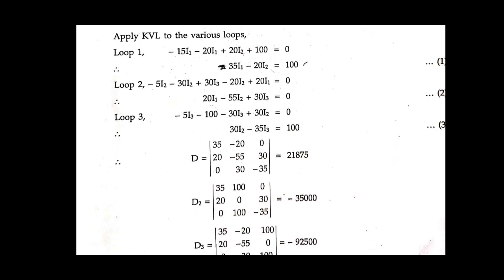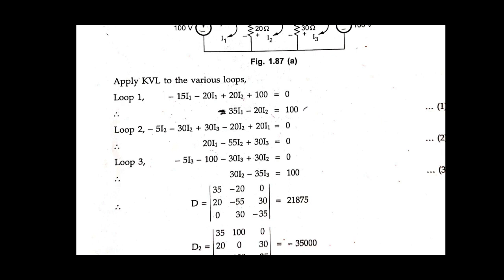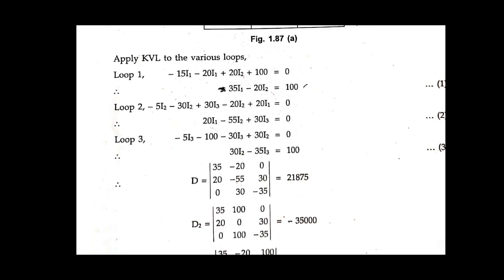See, the total system determinant is D. D is, in the first row, observe 35, minus 20 and 0. It comes from the first equation: the coefficient of I1 is 35, the coefficient of I2 is minus 20, and there is no I3, so the third element is 0. Second row of the system determinant D: 20, minus 55 and 30.